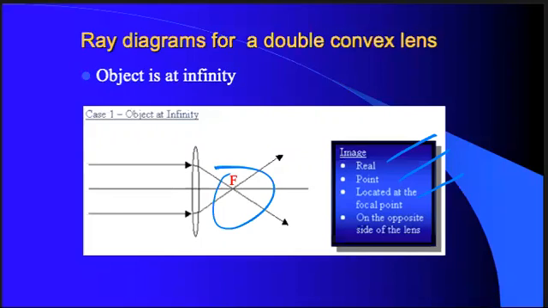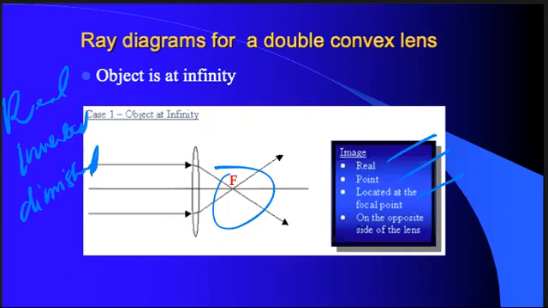So if the object is at infinity, what does it produce? Real, inverted, diminished, and the image is at the focus. Meaning to say the image is at the focus.